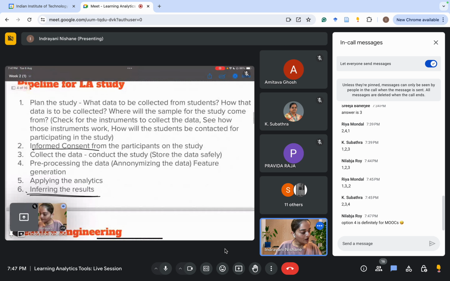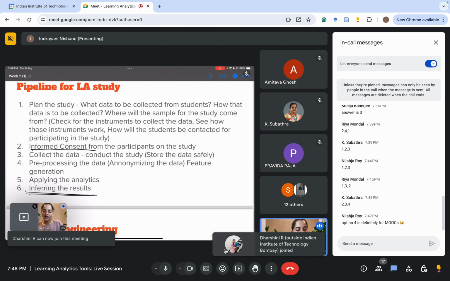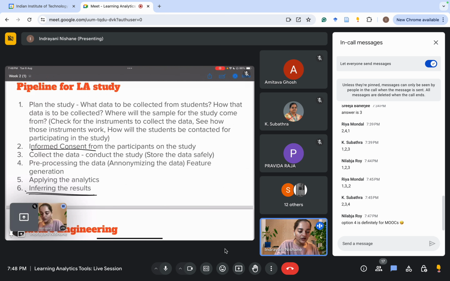What data will be collected from students, how that data is to be collected, and where the sample of that study will come from. All these questions are related to the fact that you need to set boundaries to your data collection or to your study design, because when humans are involved, there are n number of factors which influence their behavior.